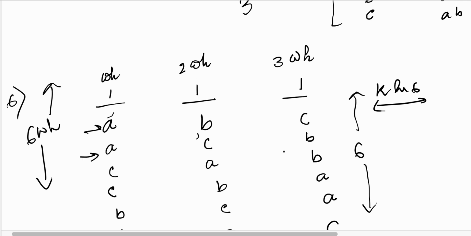But in the other case, it is a minimum information state. I don't know anything about the system here. So intuition tells me that the definition of entropy should tell me that this state possesses maximum entropy.